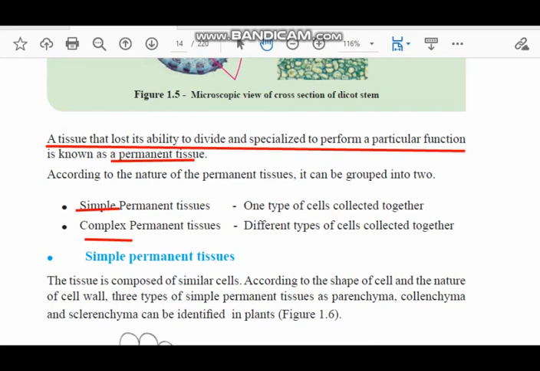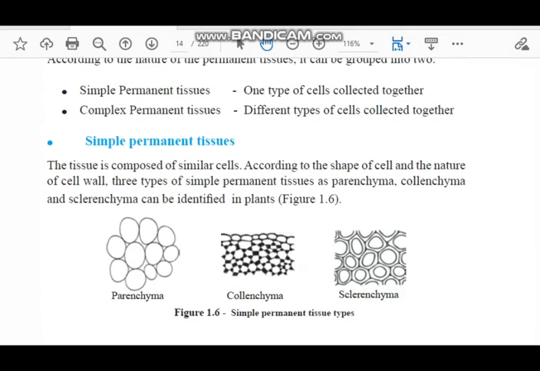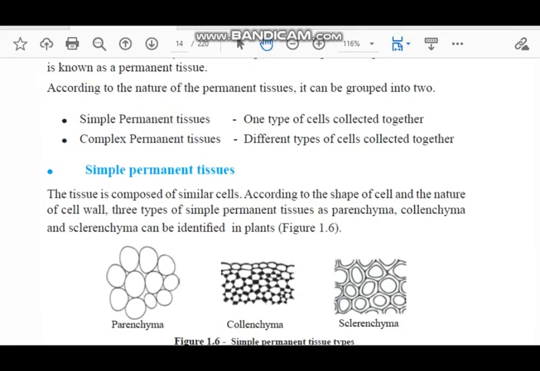The example for the simple permanent tissue is given below. In the definition of simple permanent tissue, they have given that the tissue is composed of similar cells according to the shape of the cell and nature of the cell wall. Three types of simple permanent tissues, such as parenchyma, collenchyma, and sclerenchyma, are found in the plant.